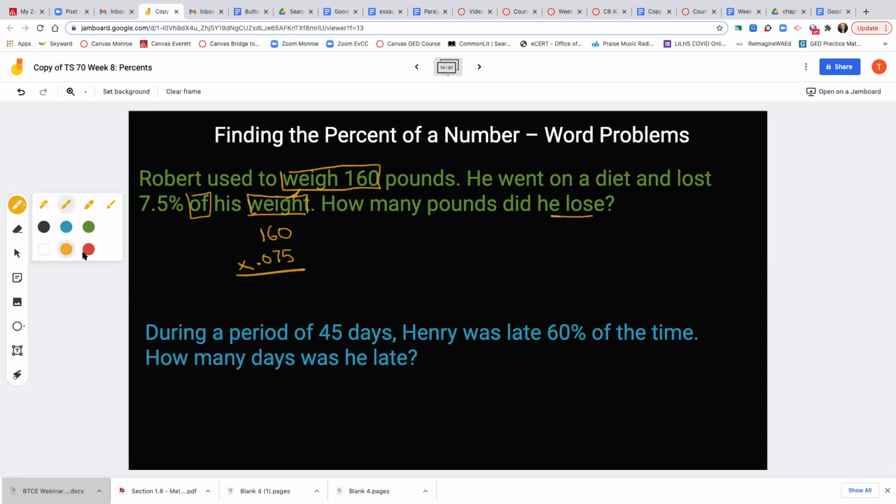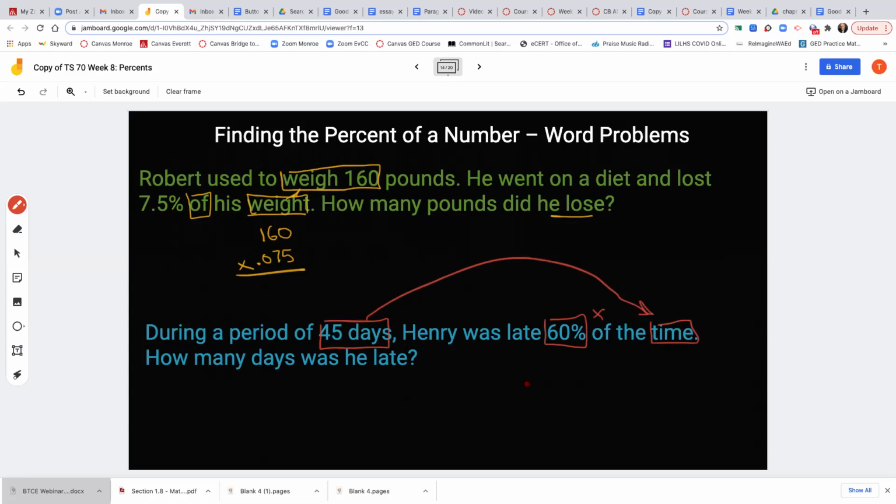During a period of 45 days, Henry was late 60% of the time, okay? All right, and again, I'm thinking, how many days was he late, okay? I'm just looking at the words again in my story problem. 60% of, which is times, my time, which is right here. There's my time, okay?